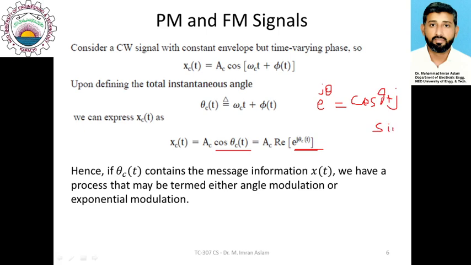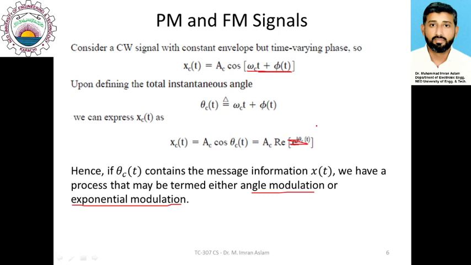So you can see that cos theta is the real part of e raised to the power j theta, so we can represent it like this. And as the angle is represented in exponential form, that's why we generally use the term exponential modulation or angle modulation, because it is representative of this angle in the exponential function here. Okay, so this would be the mathematical form of the modulated signal.